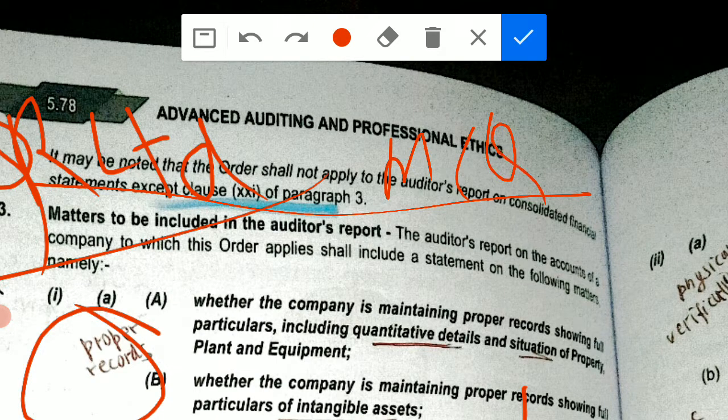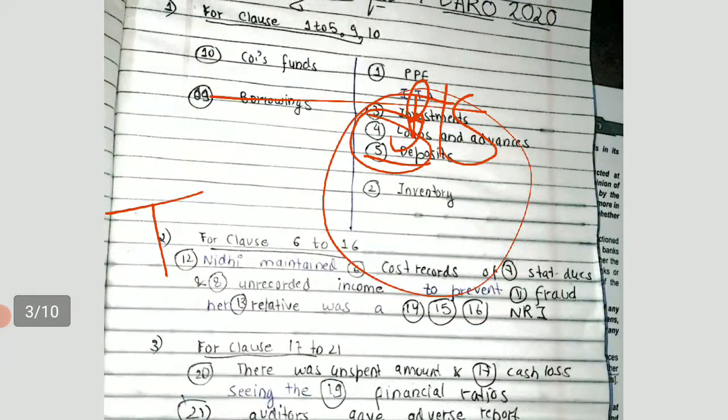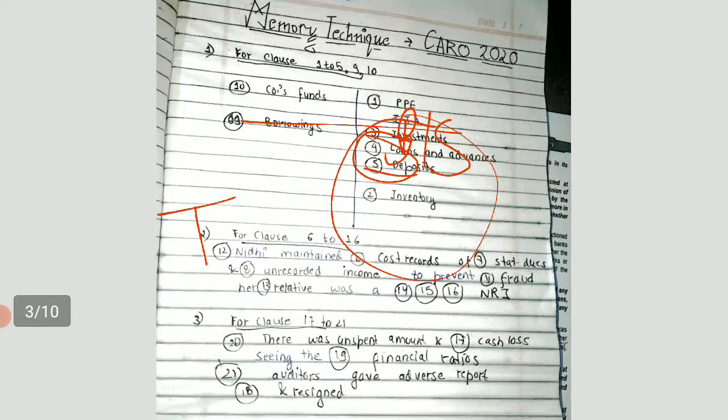Okay, otherwise for the main content there are basically 21 matters, 21 clauses which you have to report if you are required to report under CARO 2020. So for this, I have prepared one memory technique, and there are basically 3 memory techniques. In this video, we will discuss this memory technique and probably clause number 1.